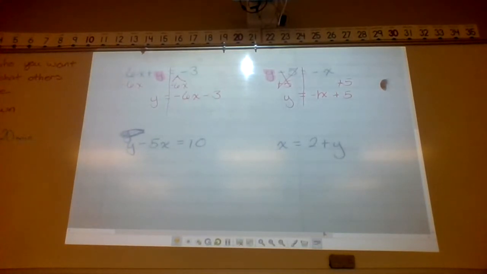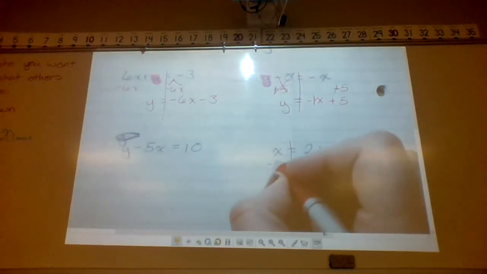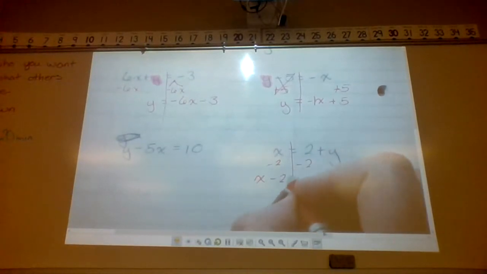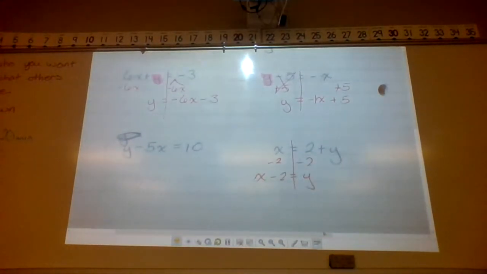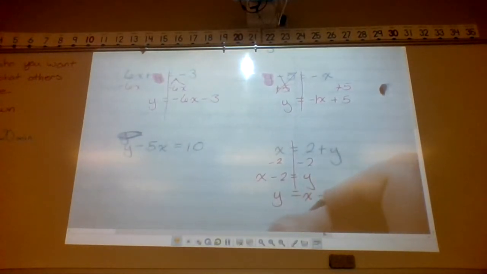The other one is x minus 2 equals y. But here's the thing, guys. On the second one, a lot of you showed you subtract 2, you have x minus 2 equals y. That's good, but for our next step, you might want to make sure it's y equals x minus 2.